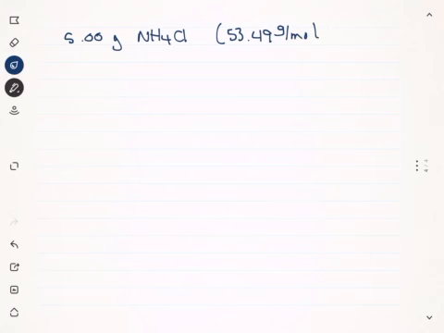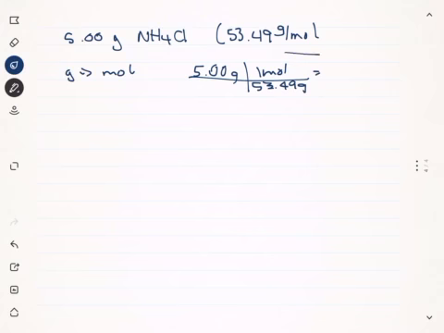So remember, our first order of business will be to convert grams to moles. We can do that by taking 5.00 grams and multiplying that by 1 mole per 53.49 grams.